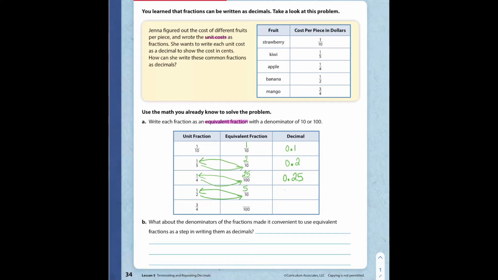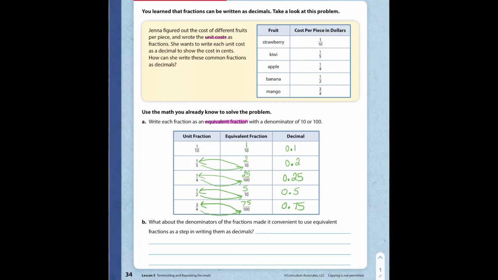And we can write that as a decimal as 0.5, 5/10. 3/4, we want to use 100 as our denominator because 4 will go into 100 evenly. 4 goes into 100 25 times. 25 times 3 is 75 for our numerator. And as a decimal, that is 75 hundredths, so 0.75.